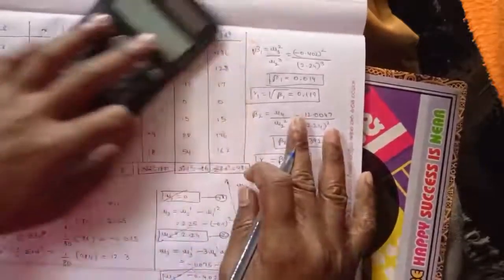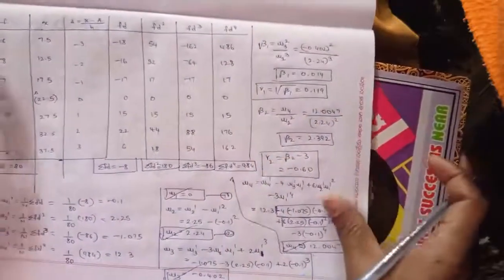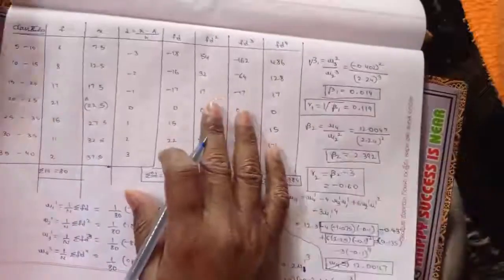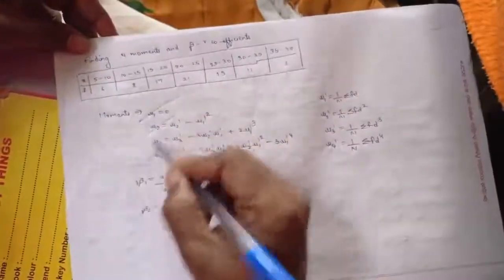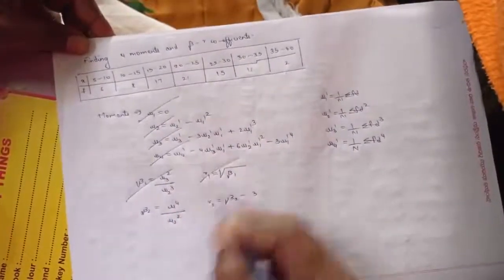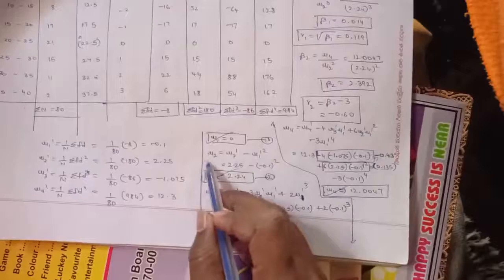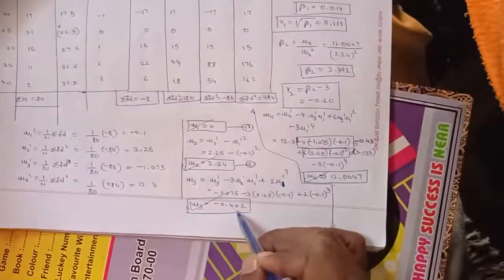So this is a way to find the beta and gamma as well as the 4 moments. So this is the entire question. We have found mu1, mu2, mu3, mu4, beta 1, gamma 1, beta 2, gamma 2. Mu1 is 0, mu2 is 2.24, mu3 is minus 0.402, mu4 is 12.0047.